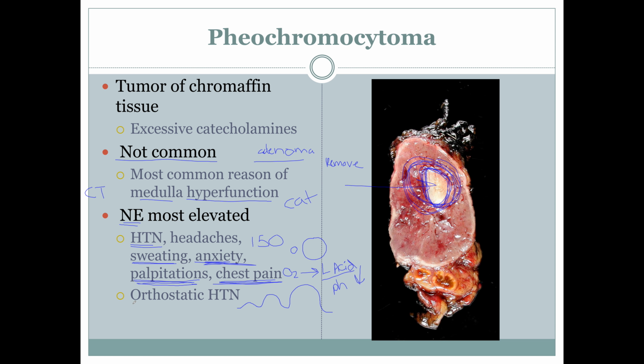Patients also report orthostatic hypertension, which is blood pressure changes associated with postural changes. So when you're standing, you have your blood pooling in your lower extremities, whereas when you're sitting or lying down, let's make this person lie down, now we have blood pooling here in the general trunk area and towards the back of the body.